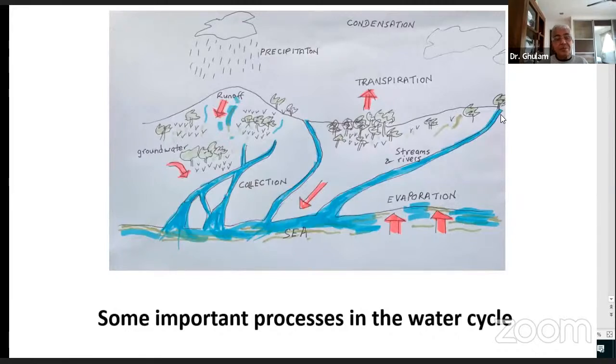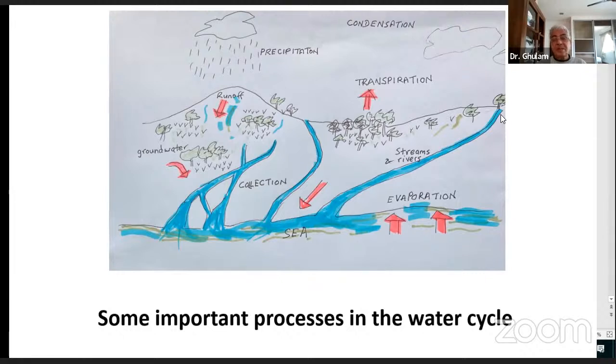First of all, maybe we should have a look at the water cycle, because almost everybody knows about the water cycle, and we know that the main processes involved are rainfall, sometimes known as precipitation, rain and snow, and then there's evaporation, transpiration, condensation, and so forth.